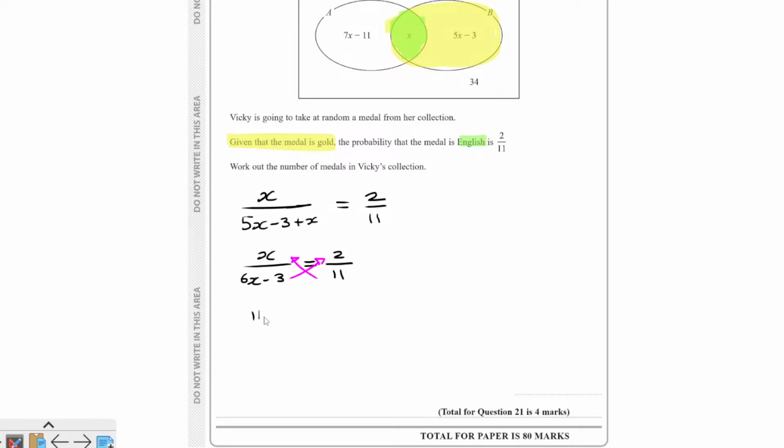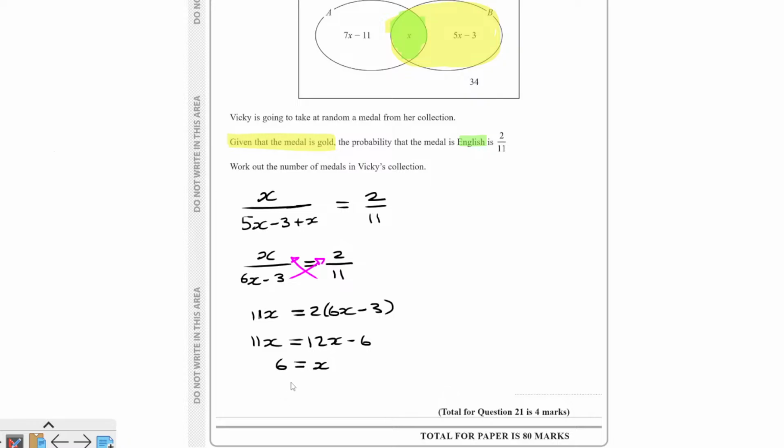So the left side would be 11x, and the right side would be like 2 multiplied by the 6x minus 3. This is just a linear equation now, isn't it? So 11x, obviously expand. 12x minus 6. Now we're solving, so I'm going to move the 11x across to keep a positive number of x, so that would be just x, and if I add 6, x is 6.